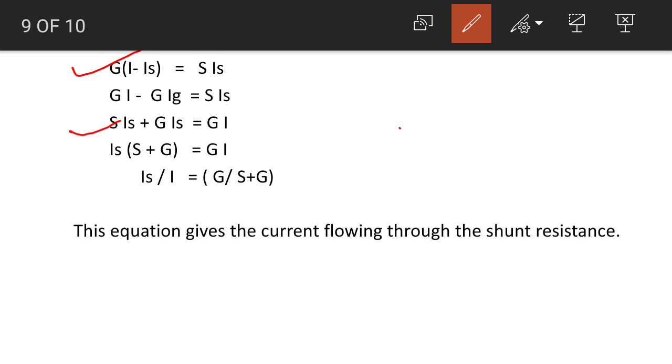Therefore Is into bracket S plus G is equal to G into I. Therefore, Is divided by I is equal to G divided by S plus G. So this is the equation, and it gives the current flowing through the shunt resistance. Thank you.